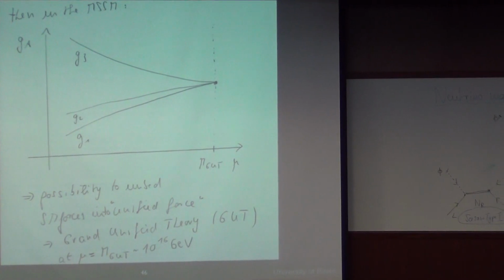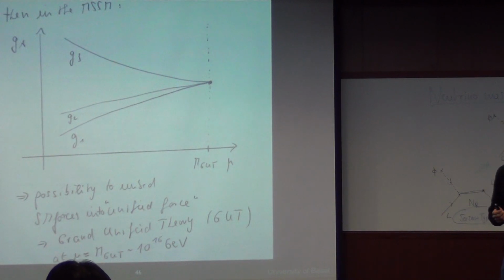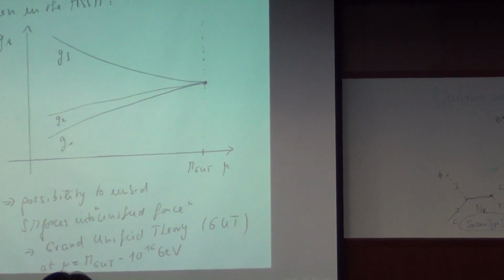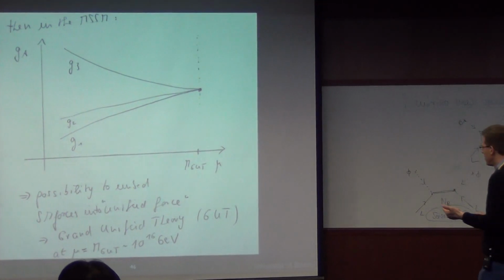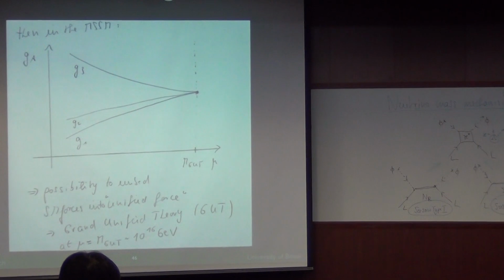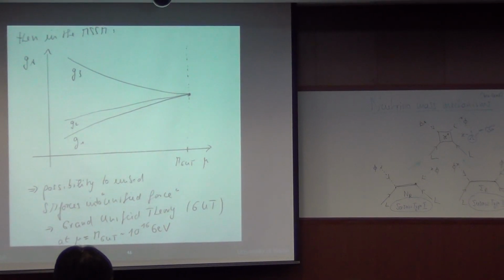So supersymmetry and GUTs fit together quite nicely. You have a solution to the gauge hierarchy problem. You have a meeting of the gauge couplings at quite a high scale, and you are able to consider a stable theory up to these energies.